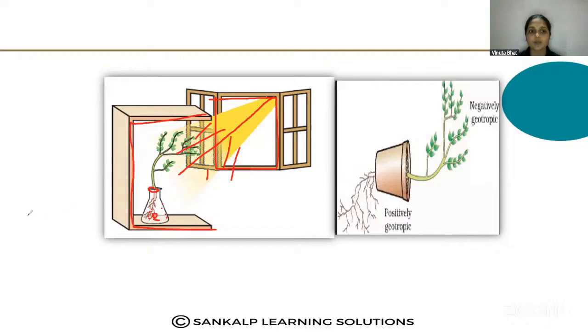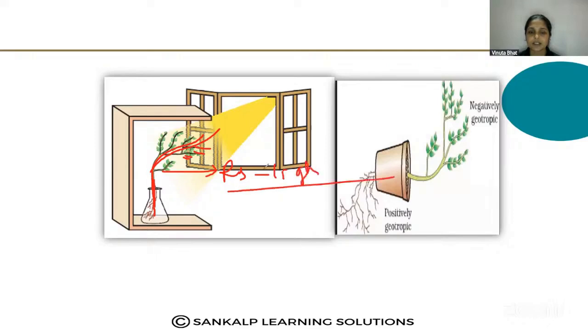When you observe this setup after one week, the seeds have grown into seedlings, and they grow fast. The stem is bending towards the light, growing towards the light to receive the sunlight. So this plant is responding to the stimulus, that is the light.